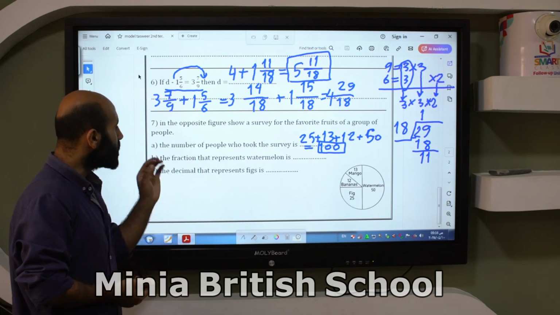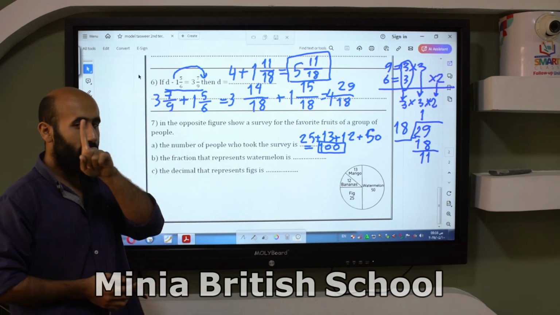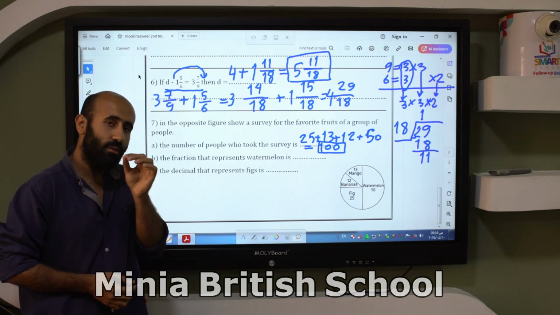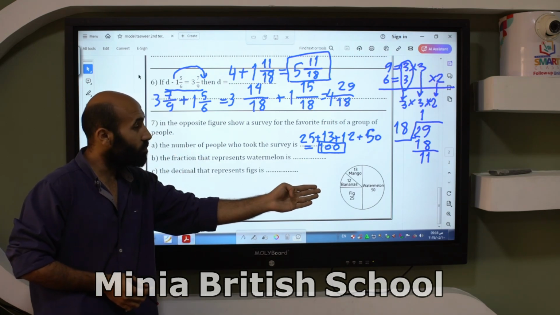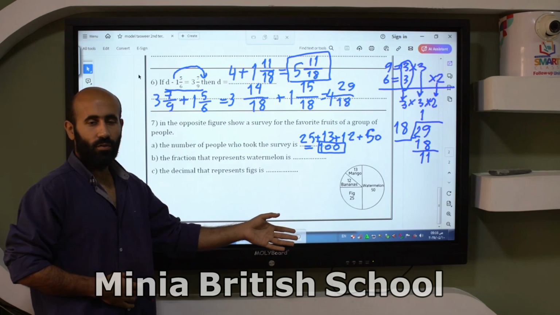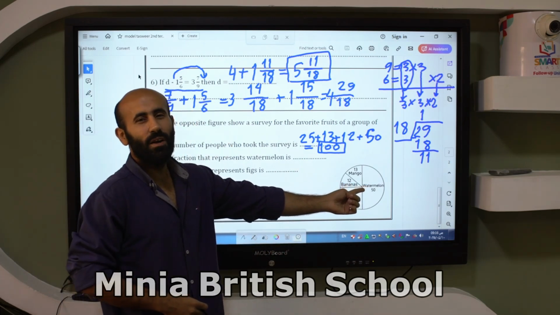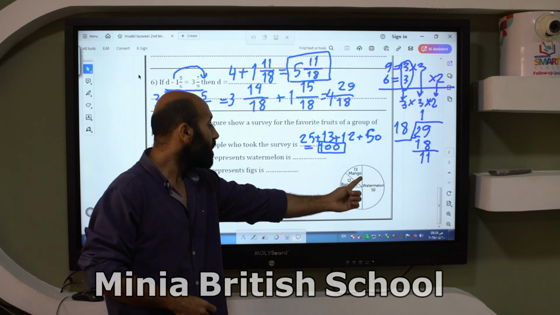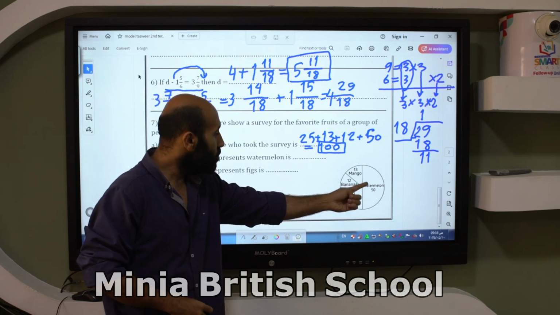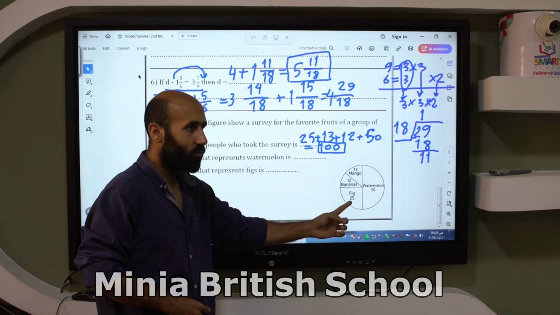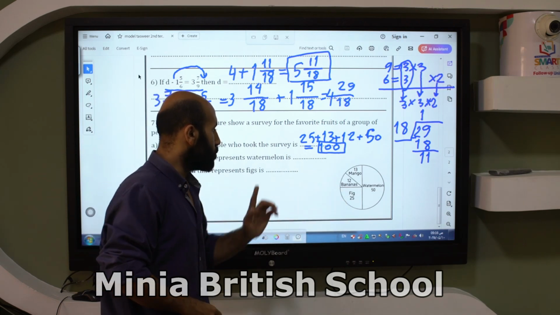The fraction that represents the watermelon. Please, when he asks you about the fraction that represents the watermelon, or generally any one of them, it's simply the number of watermelon, or mango or bananas or whatever, over the total.